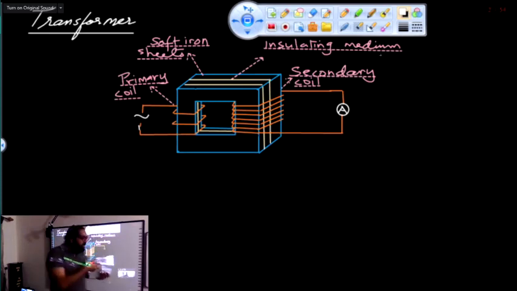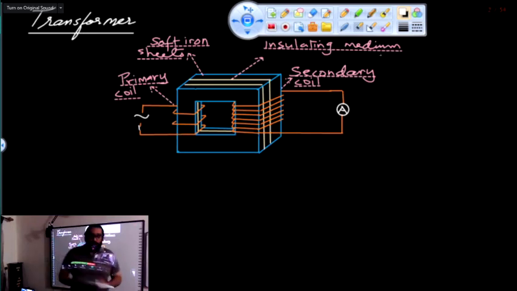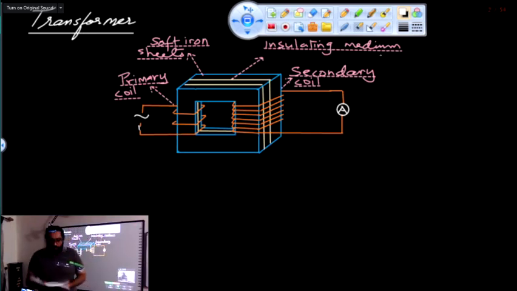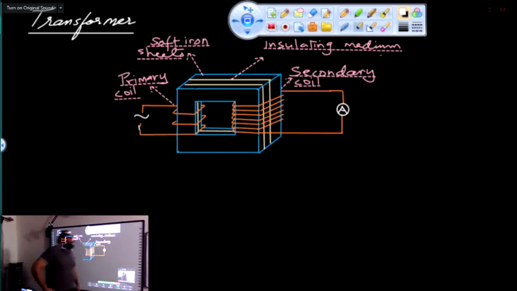And in between these sheets, like for example, this is a sheet, in between these sheets, I have to separate them with a special coating which is an insulating medium. That means it's an electrical insulator. It does not allow electricity to pass through it. And at the same time, it allows electric field and magnetic field to pass through it.